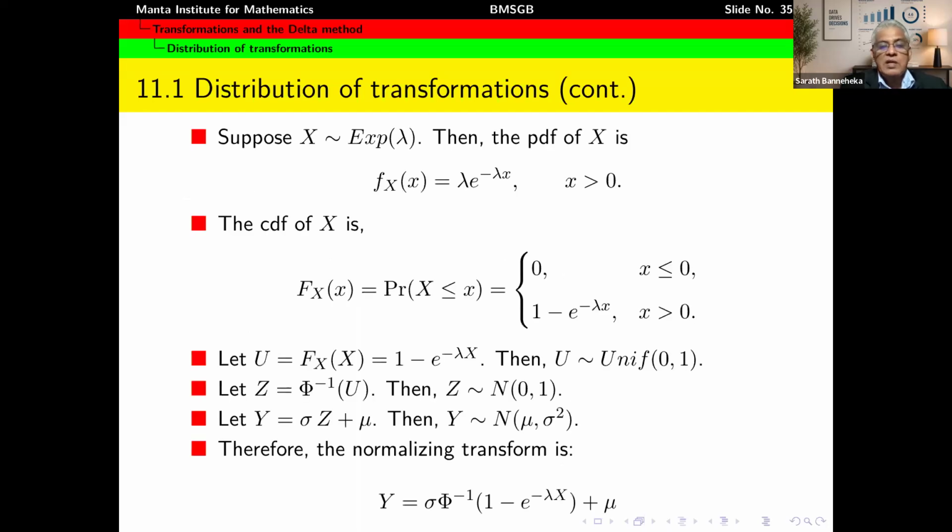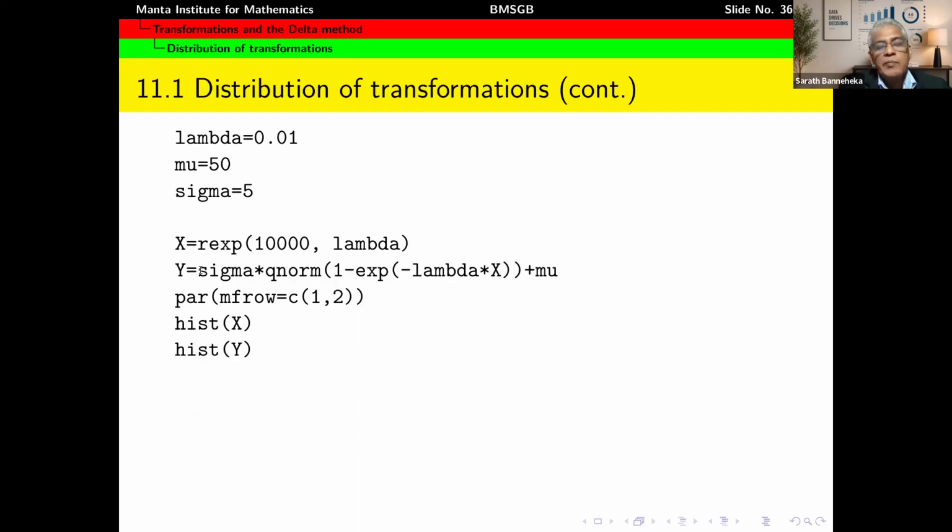So what I am applying is this transformation here. Then I am going to draw two histograms, the histogram of the exponential data as well as the histogram of the transformed data, side by side to see the difference in the distributions.